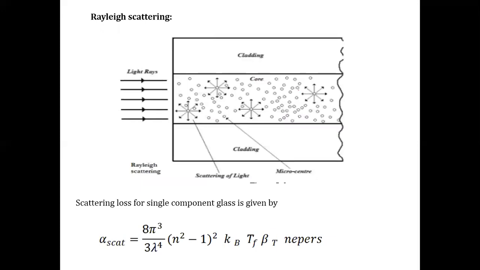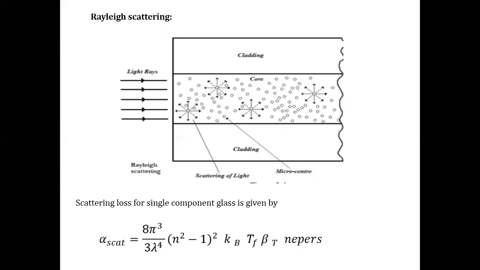So this Rayleigh scattering of light is due to small localized changes in the refractive index of the core and cladding material.